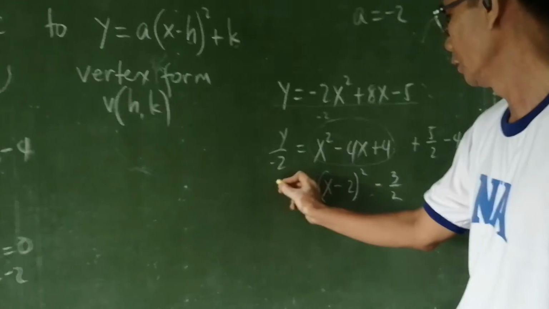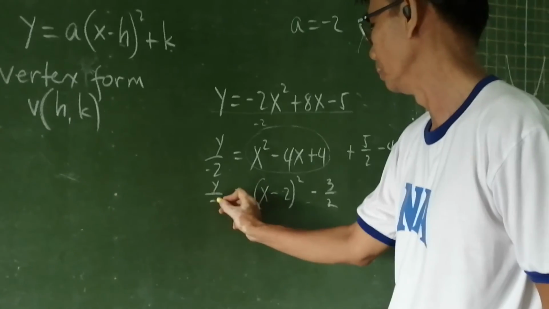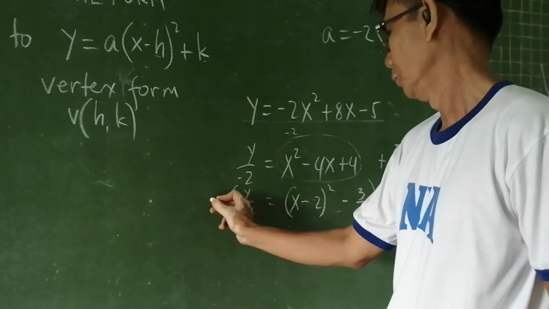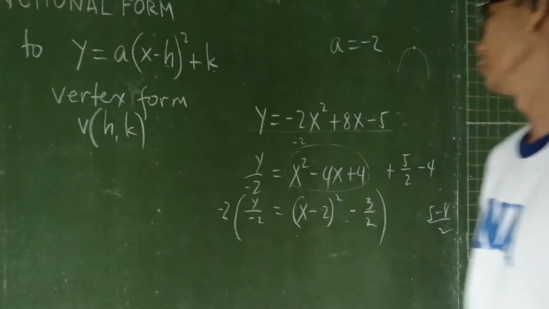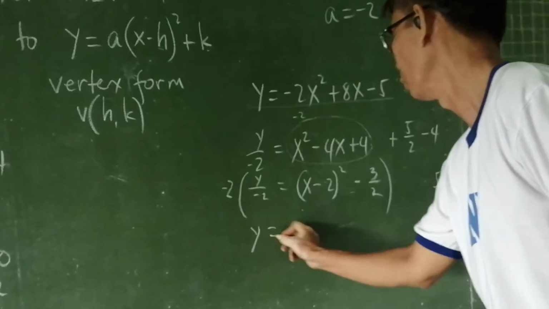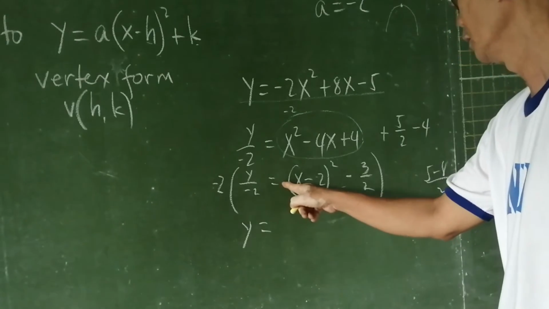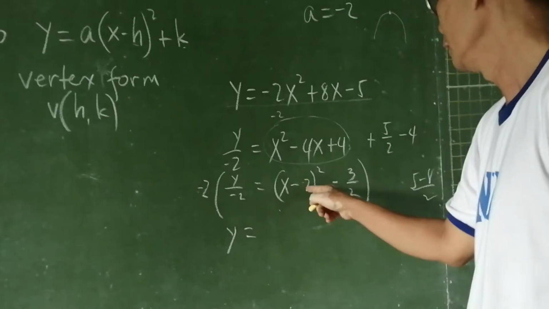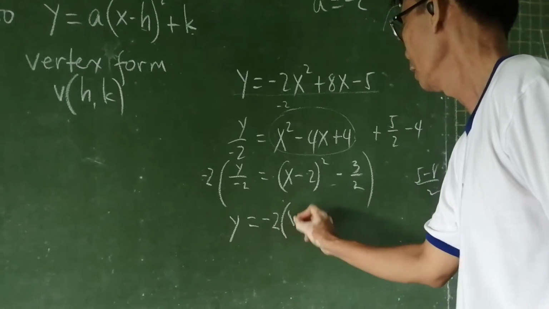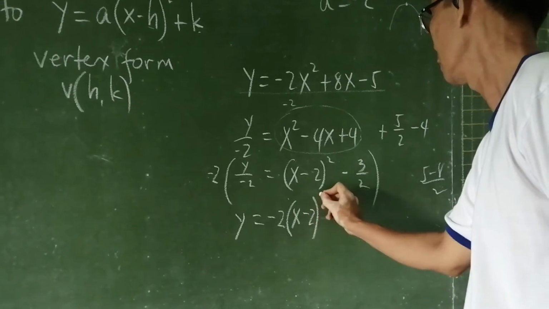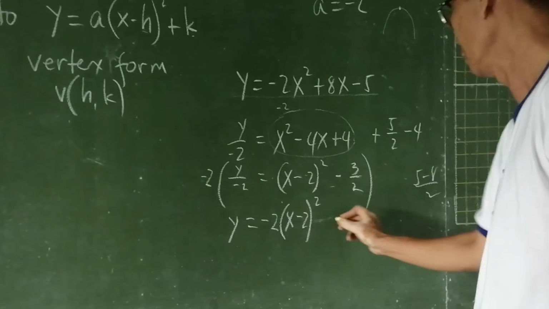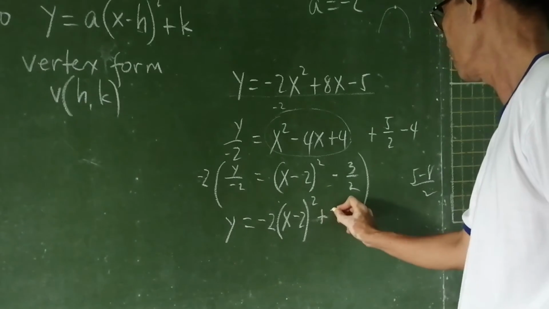Take note that this is still y over negative 2. So to get y, you multiply this back with negative 2. You cannot multiply inside, so you just put it outside the parentheses. So y equals negative 2 times (x minus 2) squared, and negative times negative, canceling the 2, it will be plus 3.